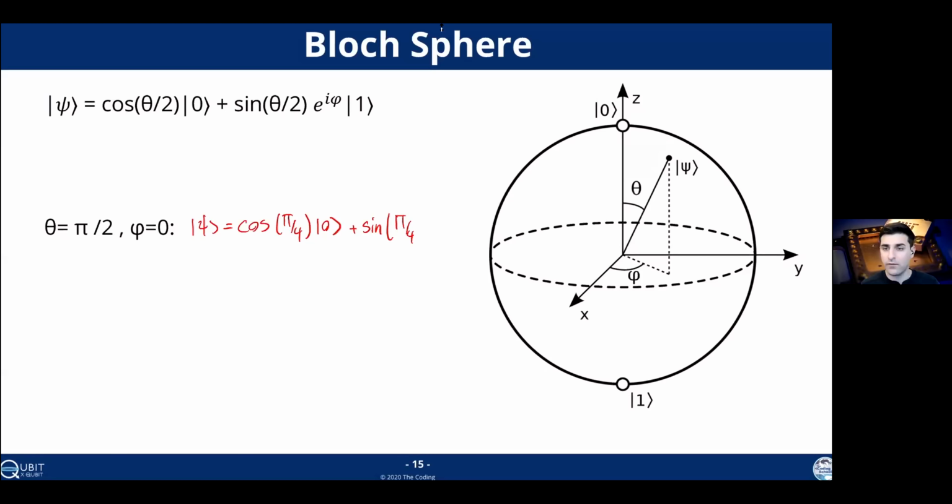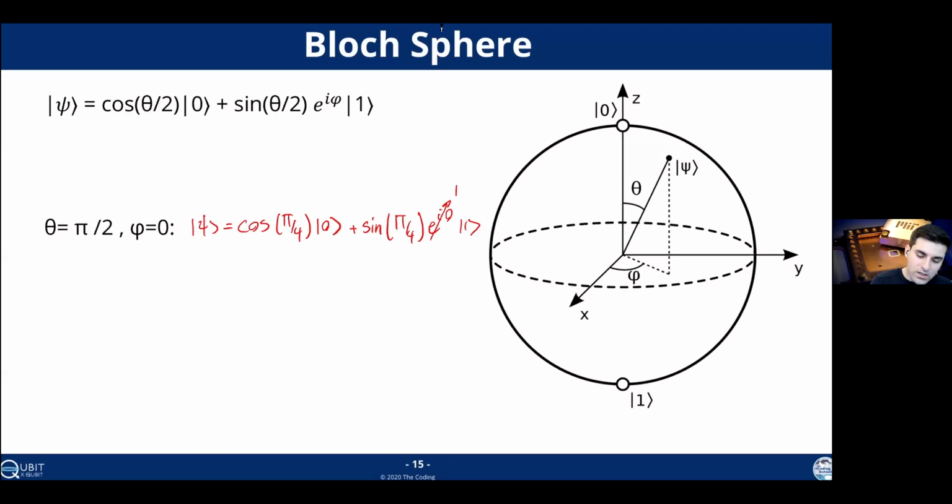And pi divided by 4 is 45 degrees, for those of you who are more comfortable with degrees. And here, of course, phi is equal to 0, so I have e to the i times 0 in front of the 1 state. e to the i 0, e to the 0 is just 1, so we can ignore that.